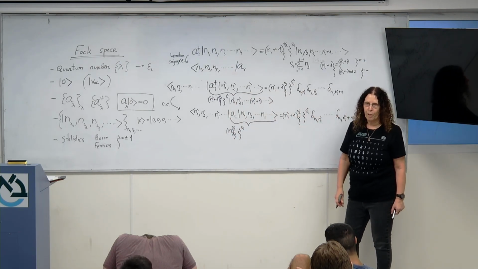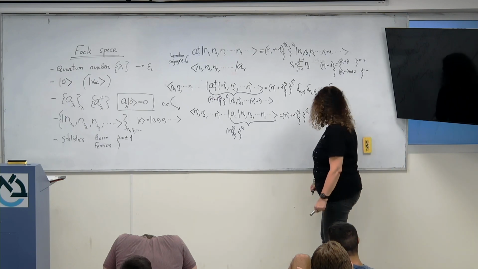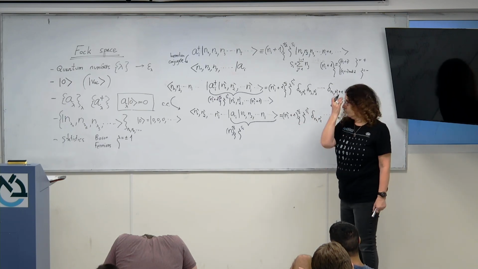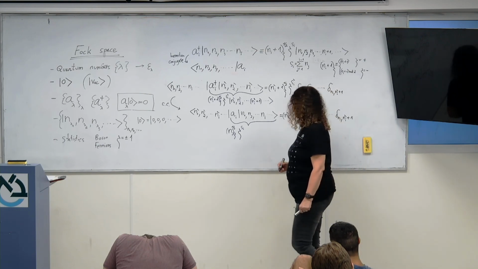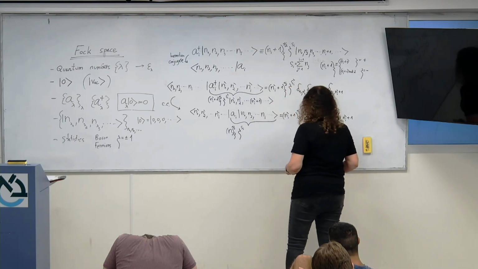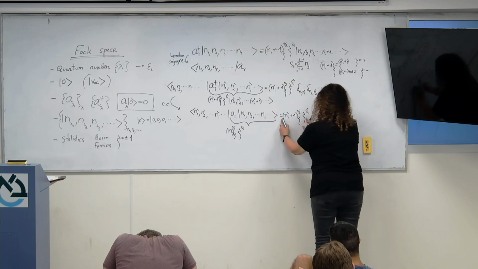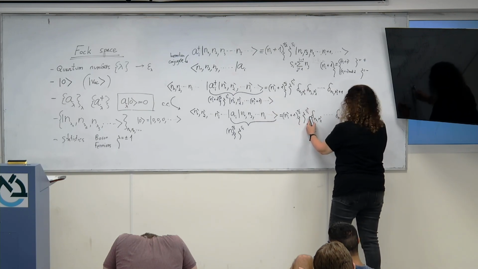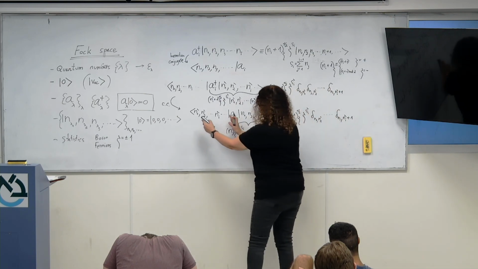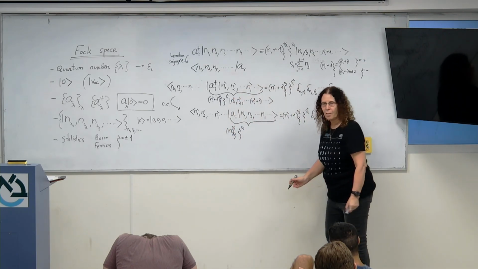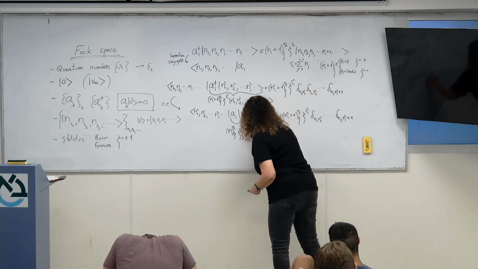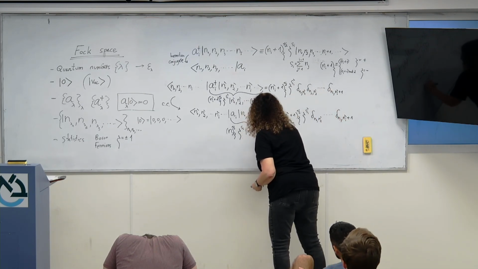Okay, that's the prefactor, expressed in terms of Ni and not Ni prime. And now I'm left with, apart from this number, deltas, which I interpret as an overlap of this state with something. What is this something? It must be something where all the occupations are the same, right?